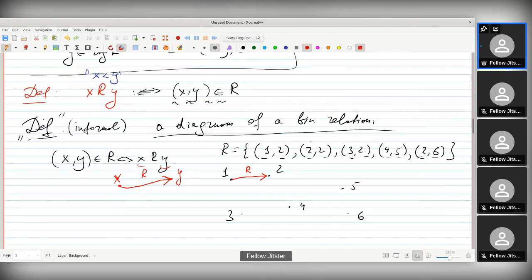Here the source and the target of our arrow coincide. What should we do? We can draw a loop, an arrow that comes from 2 and goes to 2. From 3 to 2. One more arrow. From 4 to 5. And finally, from 2 to 6. Is this idea clear?